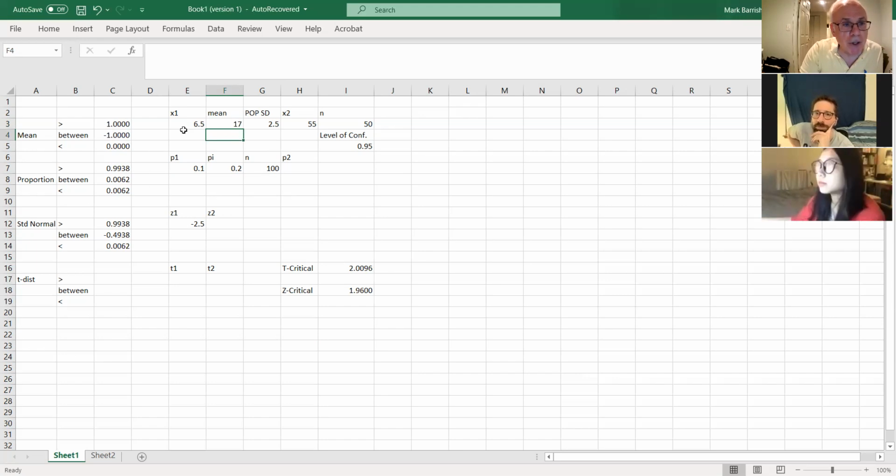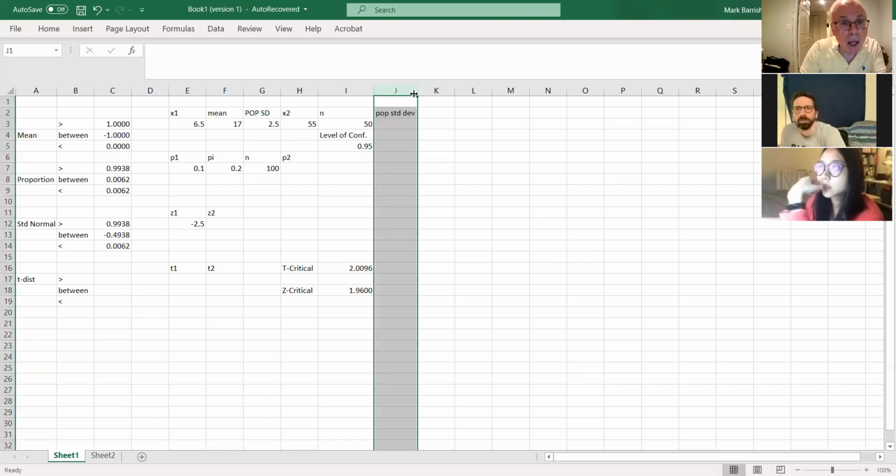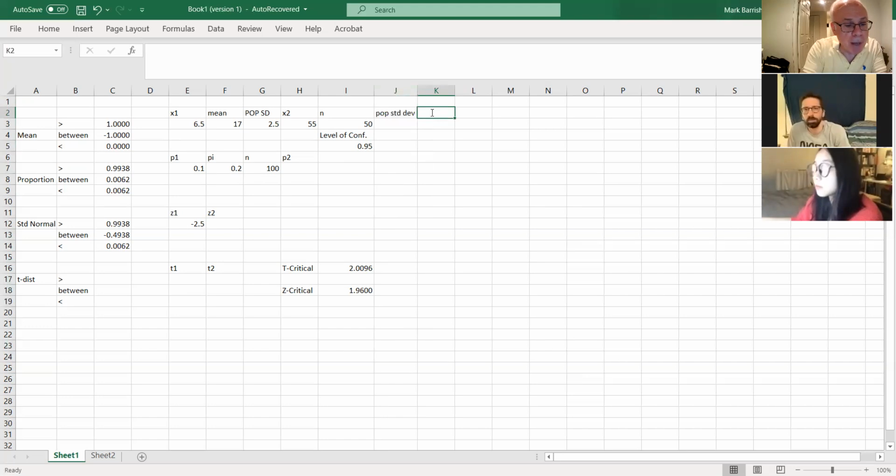Forget about all this over here, that means nothing. I'm going to put, let's say, the population standard deviation here, and then the sample standard deviation next to it.